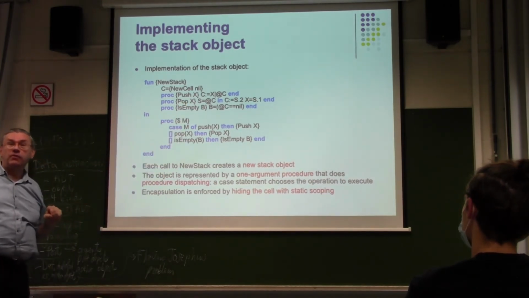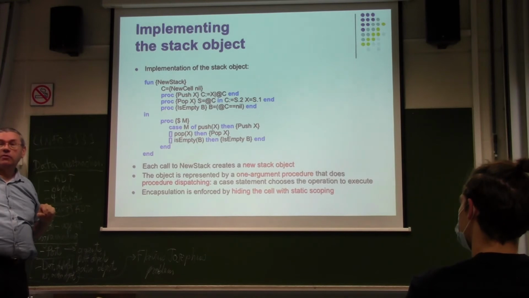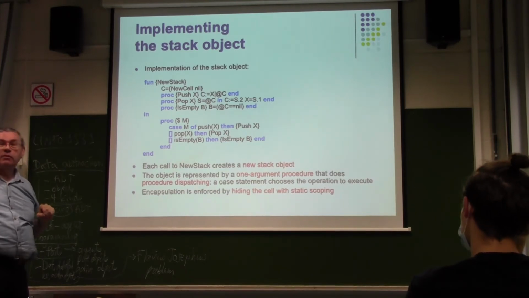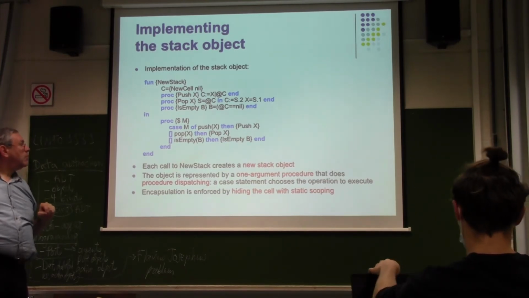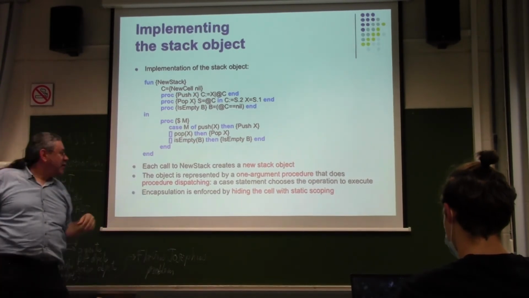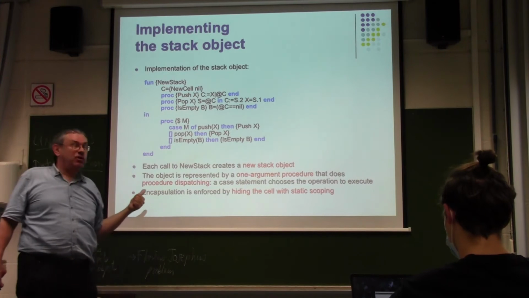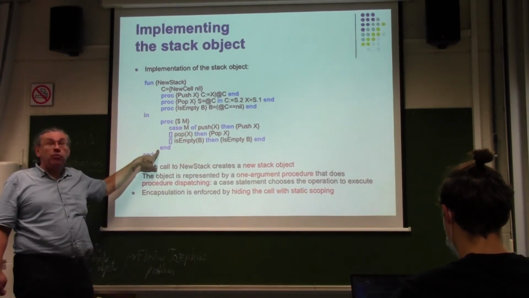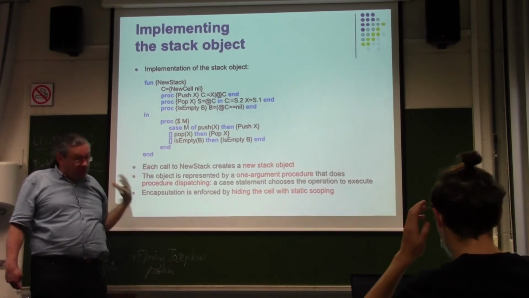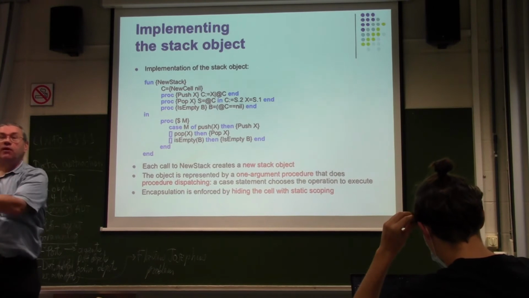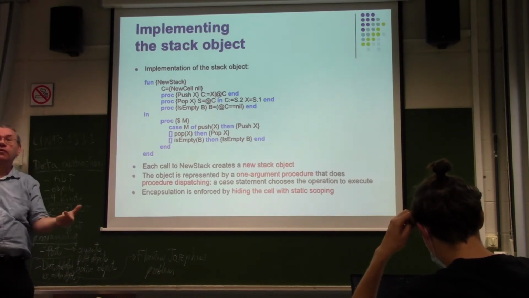Yeah, question? Why not send a record with all the mapping with functions? A record? Yes, we can return a record. Yeah, that's another way of doing it. That's called record dispatching. Here I represent the object as a one-argument procedure, but you can also represent the object as a record, and each field of the record is one of the operations, okay?